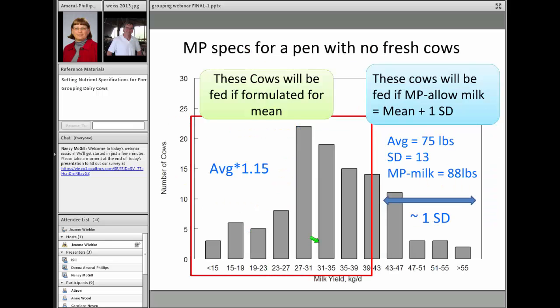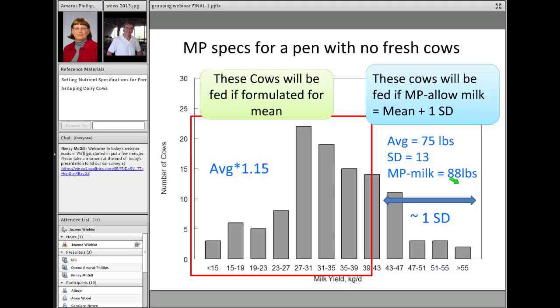So, in general, this gets us back to this graph I showed you earlier. If you take the mean milk production, which in this example was 75 pounds, and you take one standard deviation, if you know the standard deviation, and in this example it was 13, so the mean plus one standard deviation is 88 pounds.